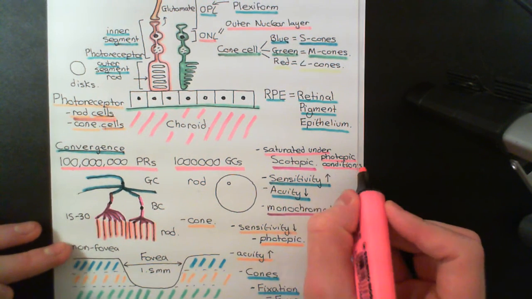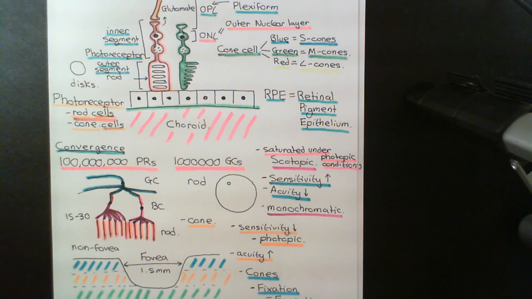So my overall message from this is that the rod photoreceptor system is fantastic for scotopic conditions. When you're under very low light conditions, say when you're walking around under dusk conditions, that's when you use the rod photoreceptor system. Under photopic conditions, it's completely saturated, and therefore you're not actually able to gain any useful information about the world other than that it's daylight.